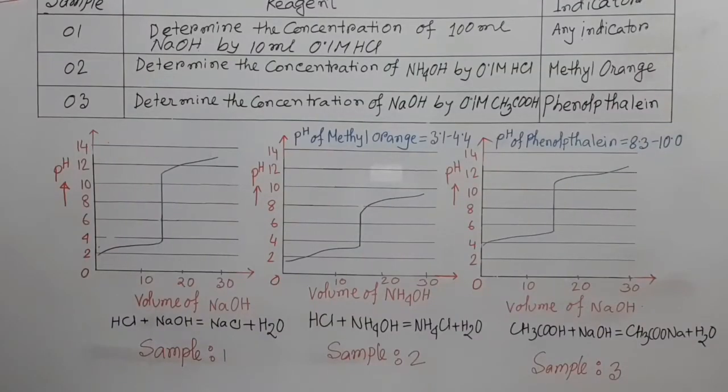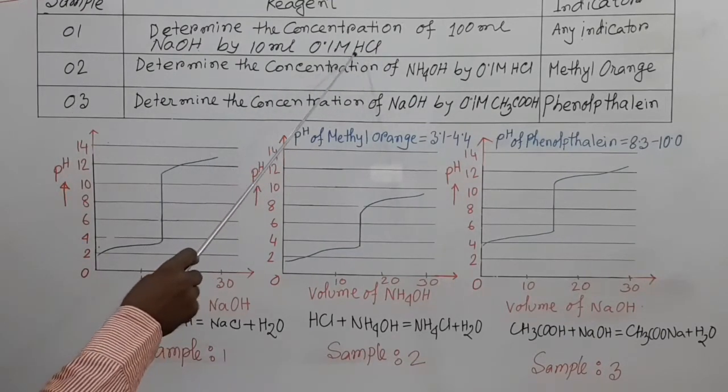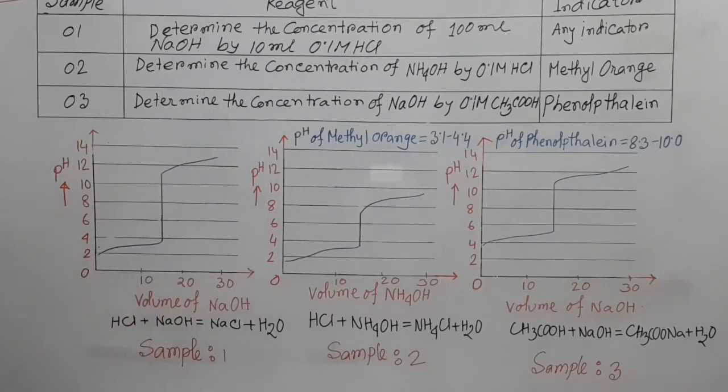My dear students, now we discuss the question number D. Here in sample 1, we use hydrochloric acid and sodium hydroxide. Sodium hydroxide is a strong base and hydrochloric acid is a strong acid. The change of pH has been represented by the graph during titration of strong acid and strong base.